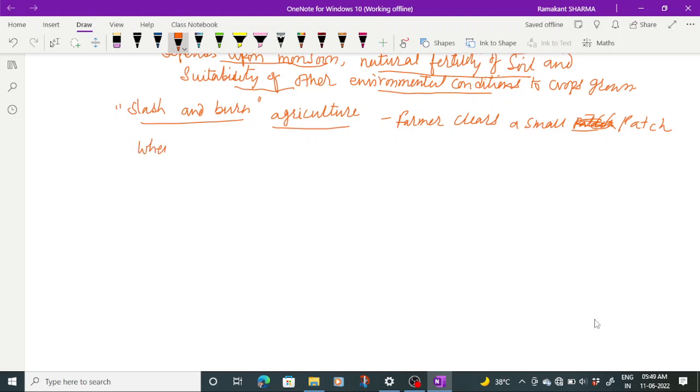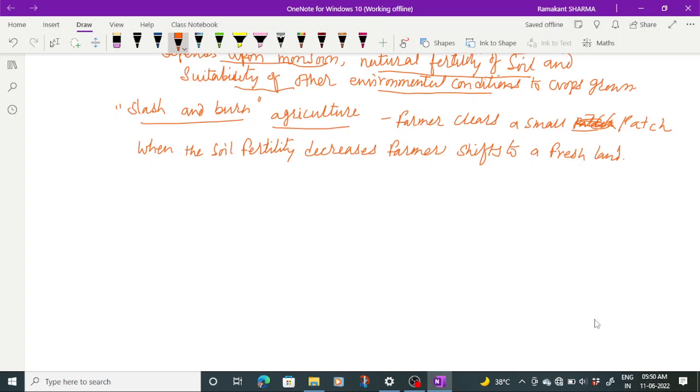When the soil fertility decreases, the farmer shifts to a fresh land area, where he does the same manner, he slashes and burns, and in the similar manner depends upon monsoon and natural fertility of the soil.